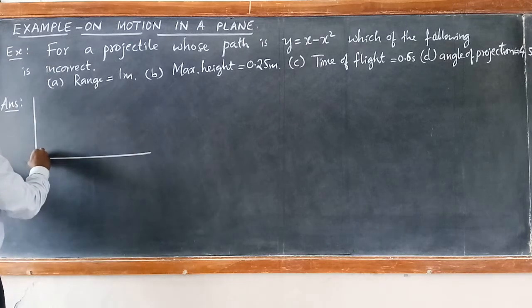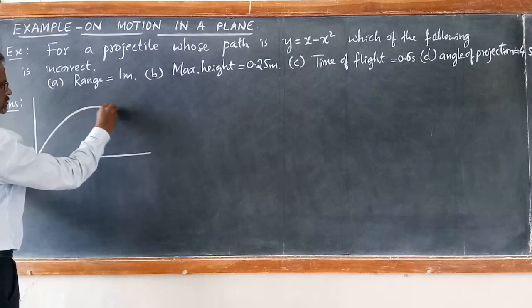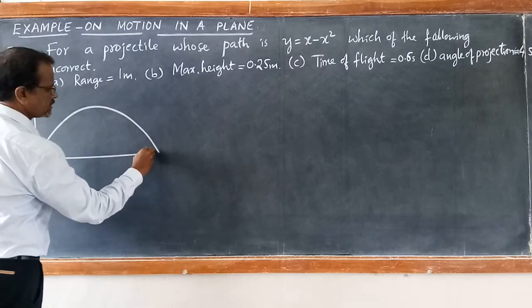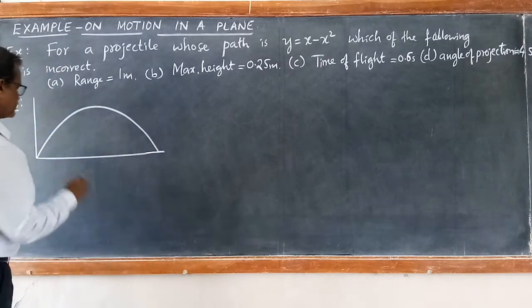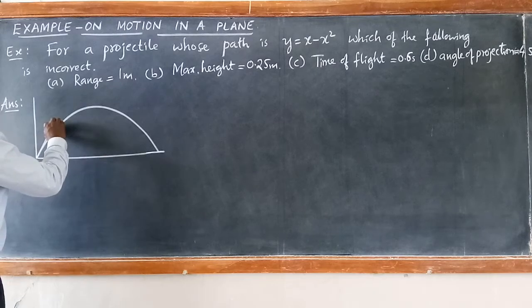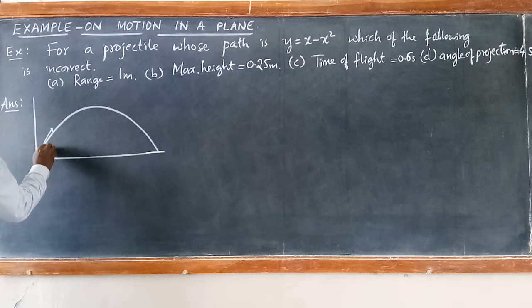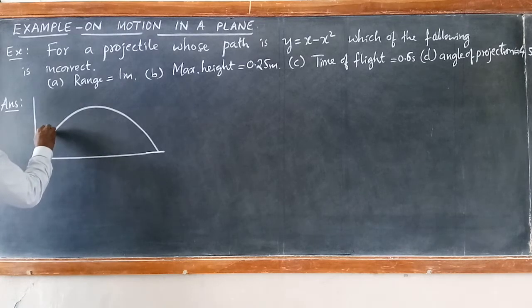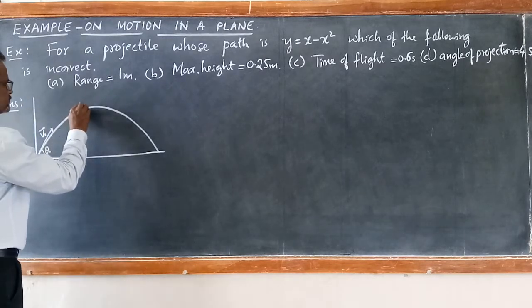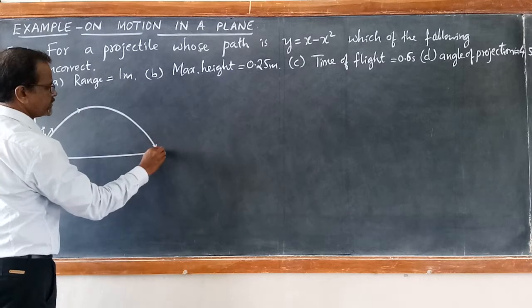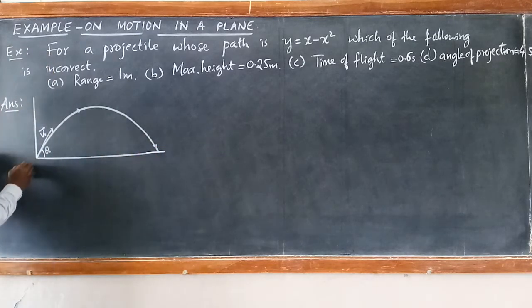When a projectile is projected from the origin, it undergoes a trajectory which is parabolic in nature. If this is the angle of projection, theta naught, and v naught is the initial velocity with which it is projected, then this is where it reaches the same level, as it is projected from the origin.